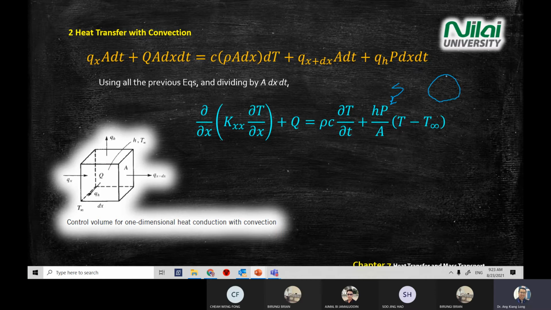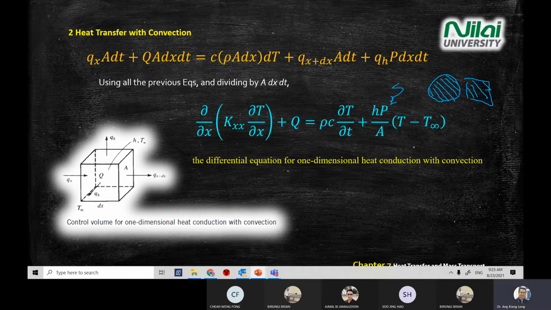Or you can just see it as the perimeter in contact with the fluid. It can take many different shapes. This is the P parameter.